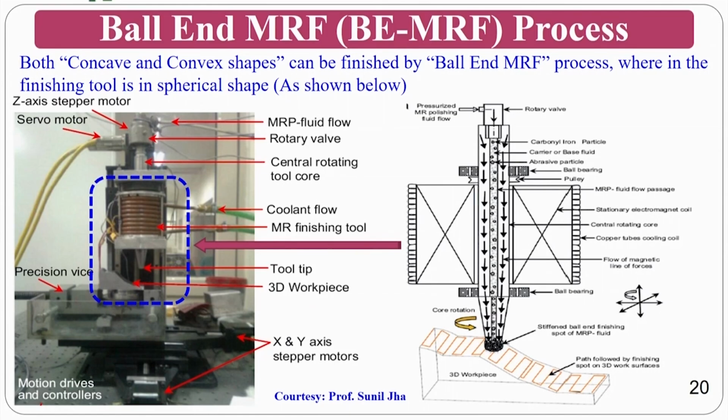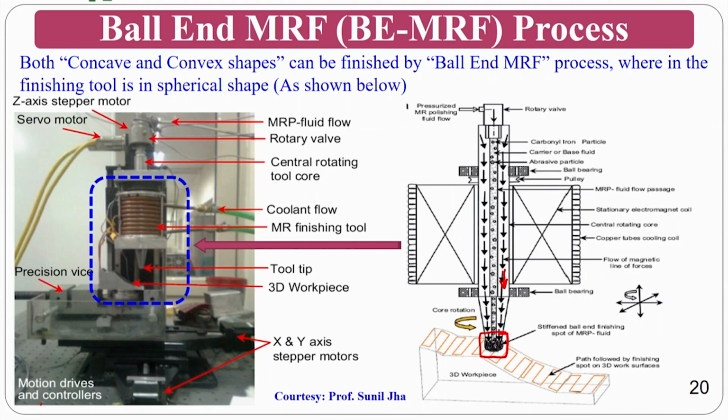finishing process, which is an allied process, or the advanced version of the basic MR finishing process, where you have a ball end at the tip. The magnetic field lines are shown by these arrows, and the fluid is coming from the center.